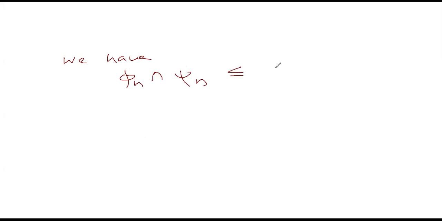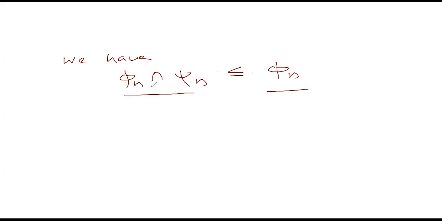So I will write phi n meet psi n less or equal to phi n. This is a step function, and this is a step function, and there is an inequality between these two. We know from the lecture on step functions that whenever we have two step functions phi and psi with phi less or equal to psi, then integral of phi is less or equal to integral of psi.